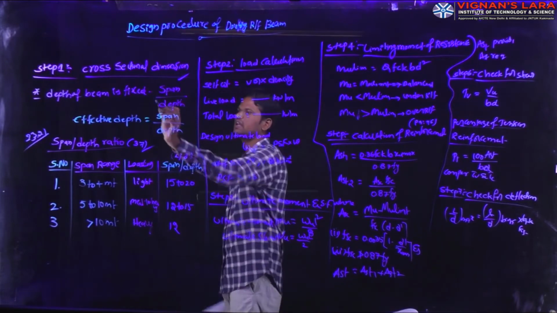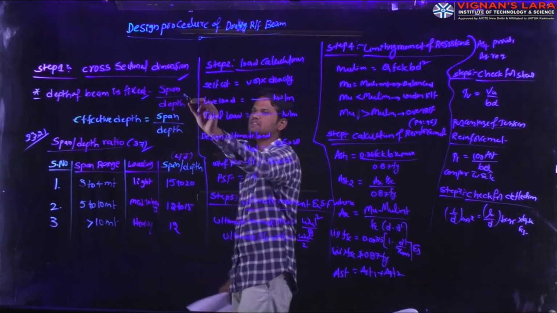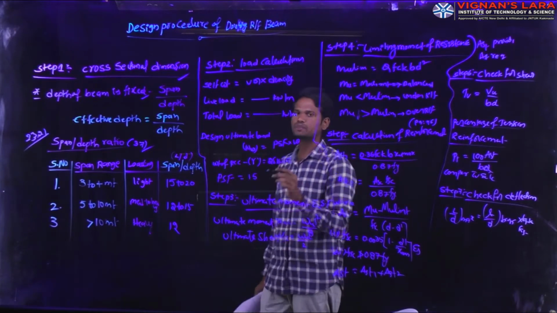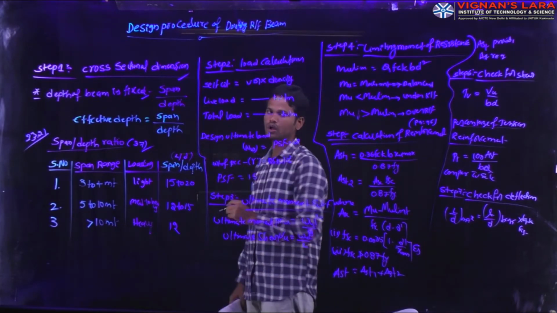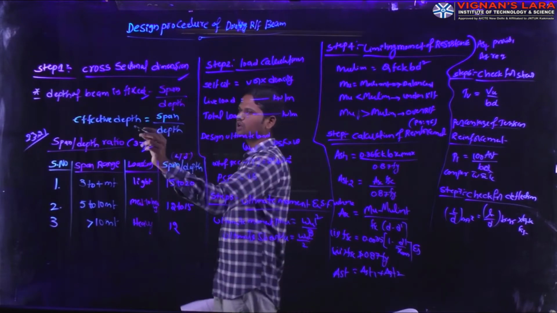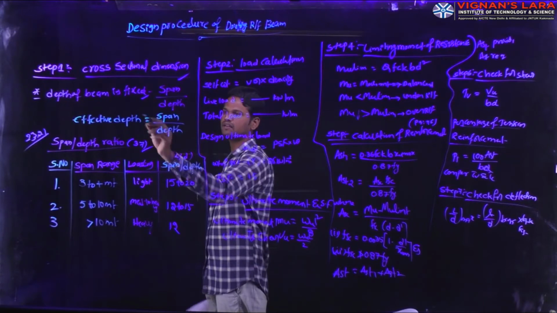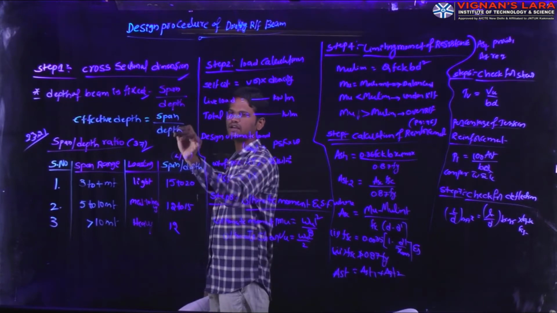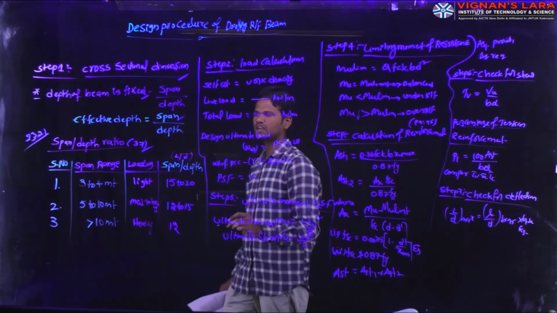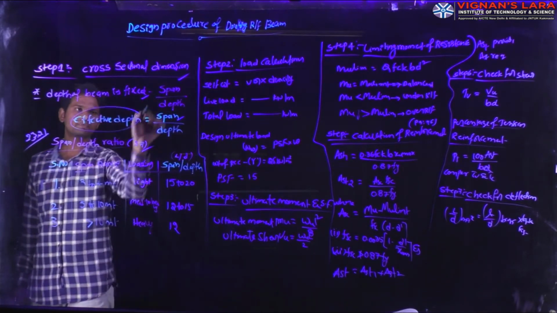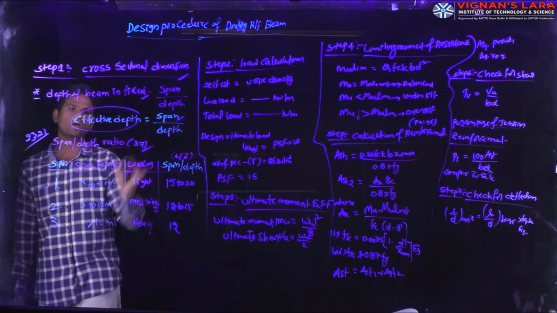The depth of the beam is fixed based on how much span length you are going to keep. Based on this span to depth ratio, the effective depth has to be fixed.